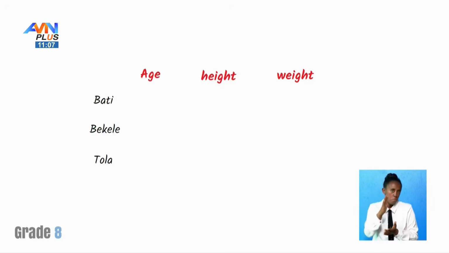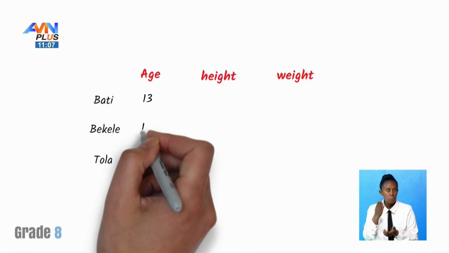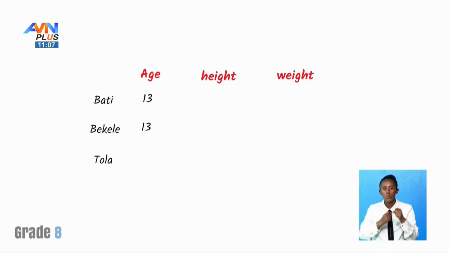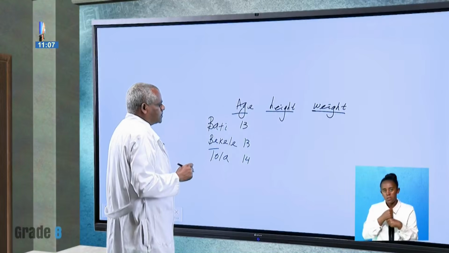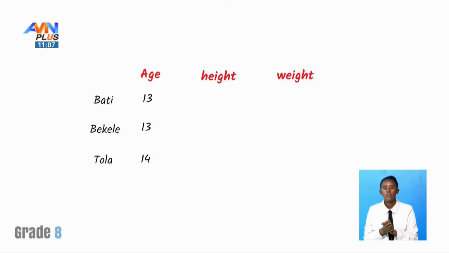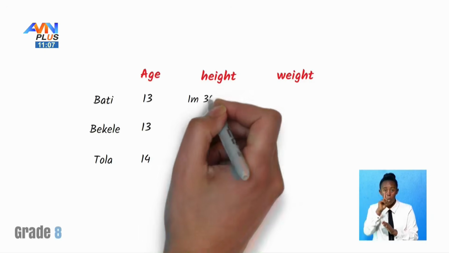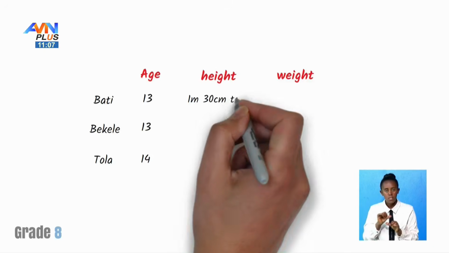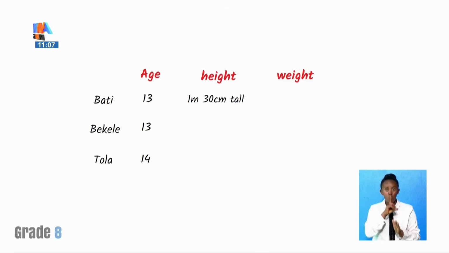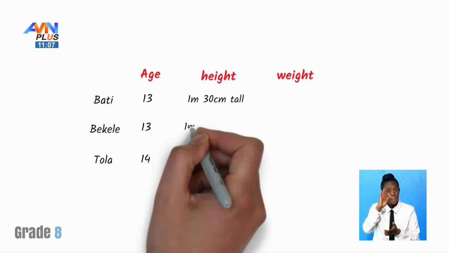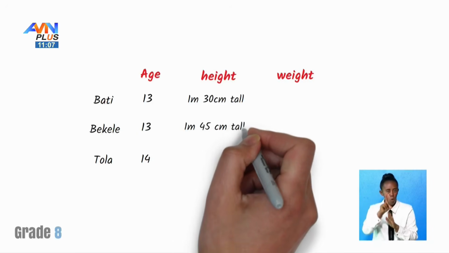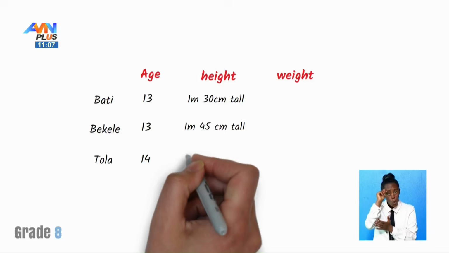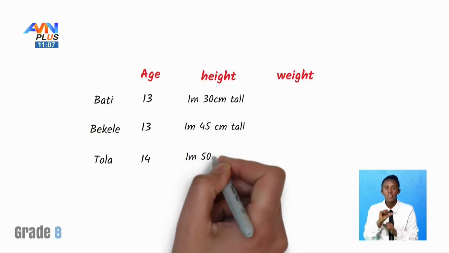Maybe Bati is 13 years old. Bagala is again 13 years old. Tola is 14 years old. In the case of height, Bati is 1 meter 50 centimeters tall. Bagala is 1 meter 45 centimeters tall. Again, Tola is 1 meter 50 centimeters tall.